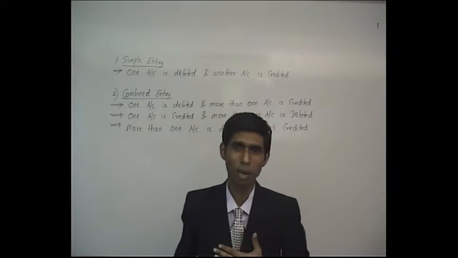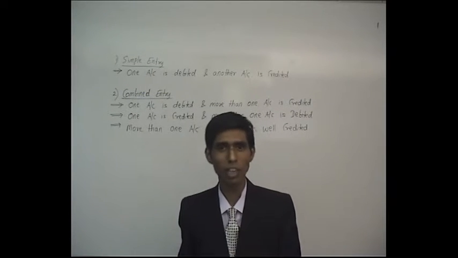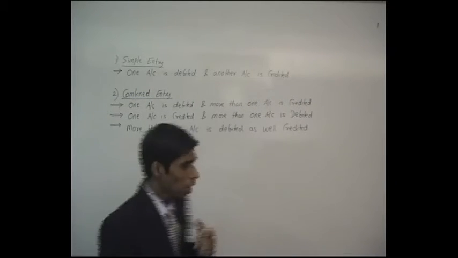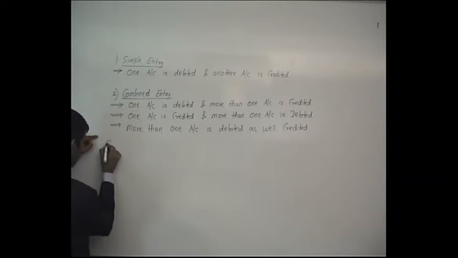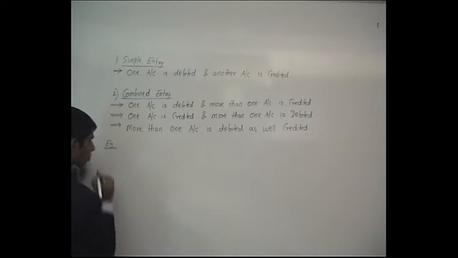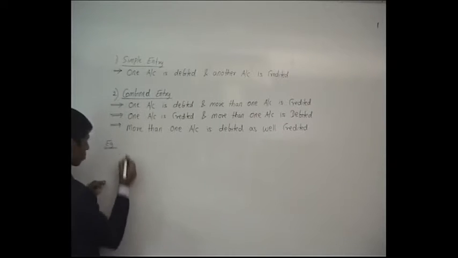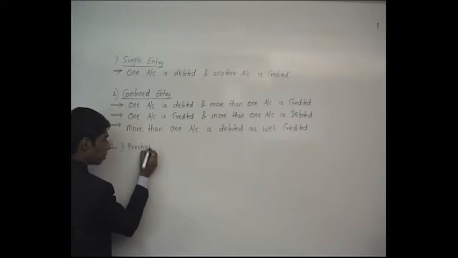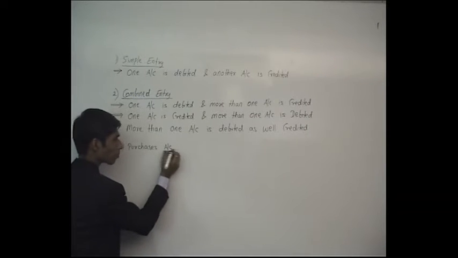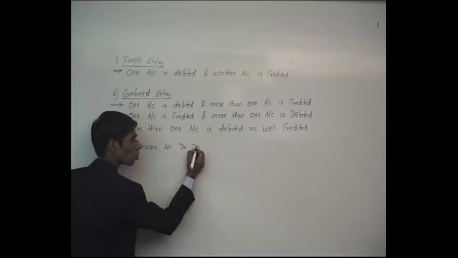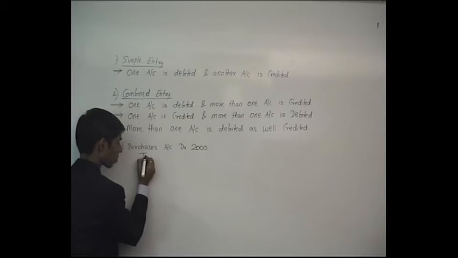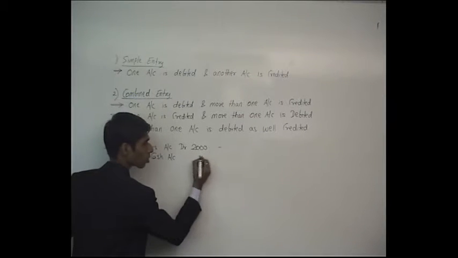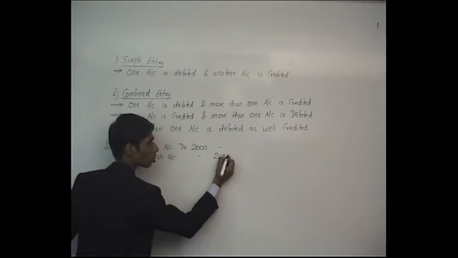I will give you some examples. I will be identifying which is simple entry and which is a combined entry. I am just taking an example. If I pass an entry like this, purchases account debit 2000 to cash account 2000.